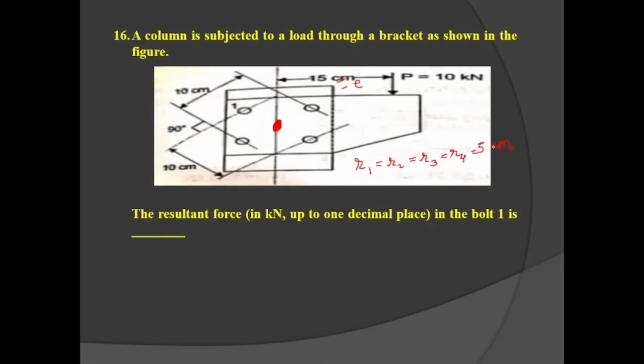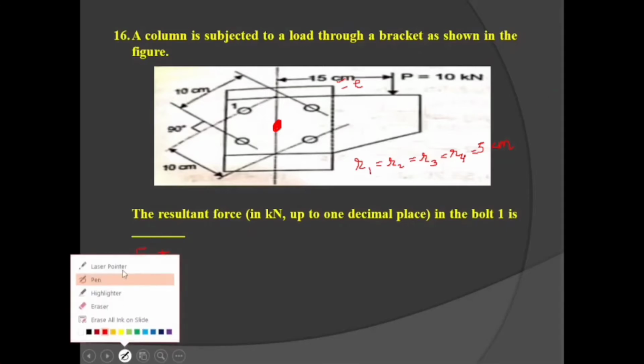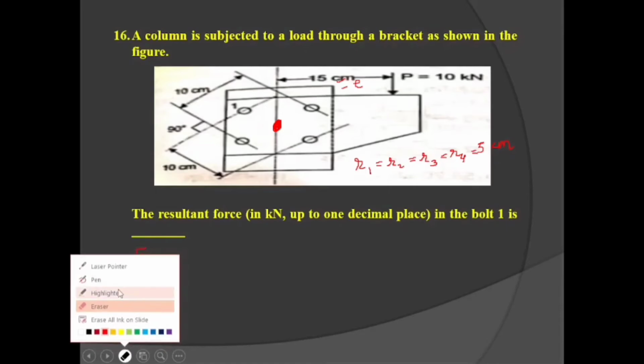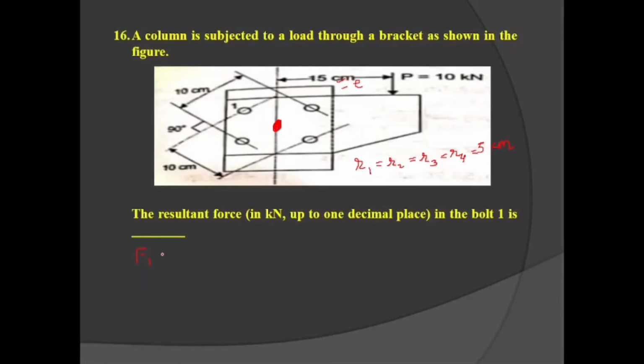Okay. Now same fundamentals are there. Initially we have to calculate the value of F1, F2 and then resultant. So our F1 value is equal to 10 divided by 4, that is 2.5 kilonewton.